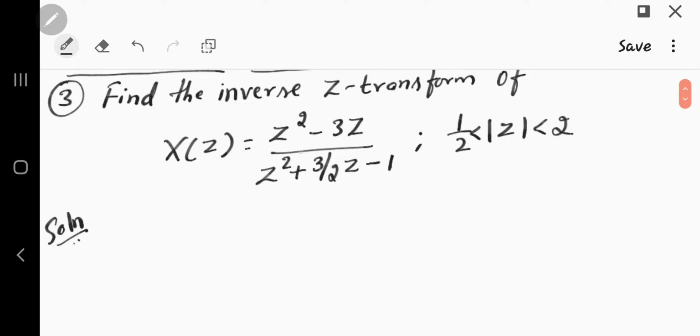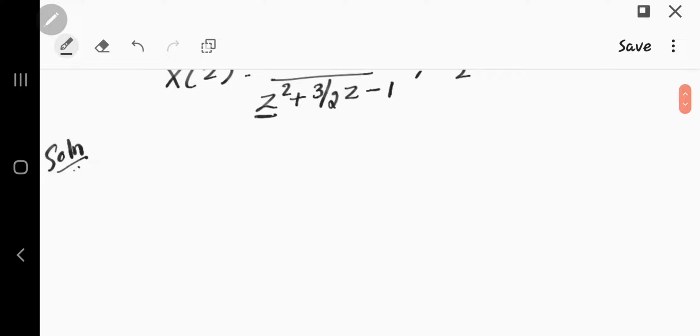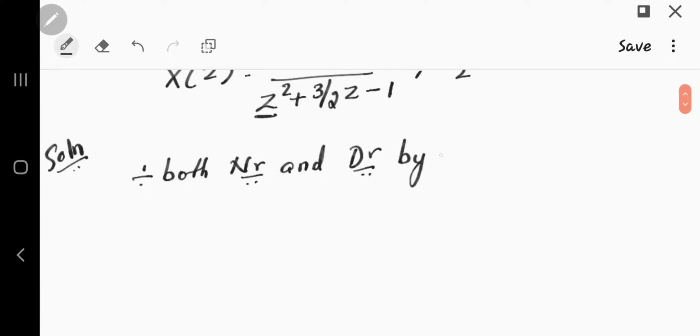So if you look at the expression, the term with the highest power, you should divide both the numerator and denominator by that power. Here this term is z square and we have to make it 1. So we divide both numerator and denominator by z square.